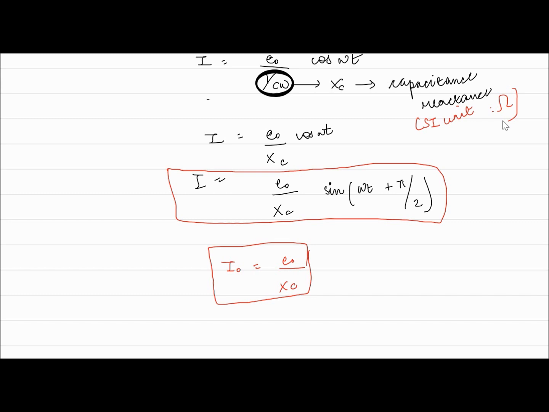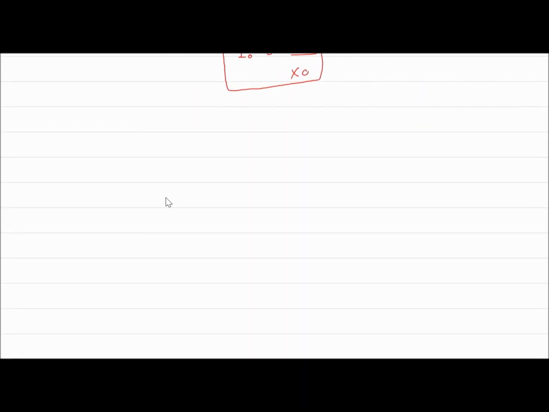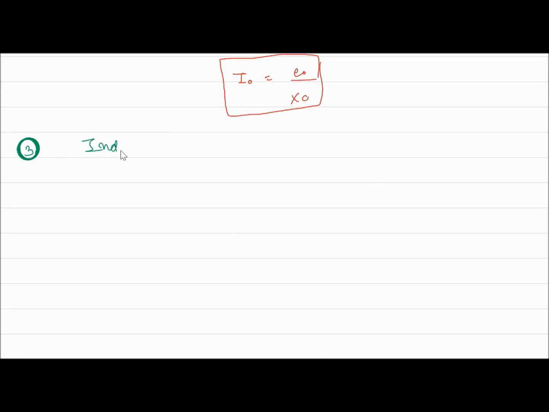The next one that we have is the relation between voltage and current in the case of an inductor. Third, inductor.